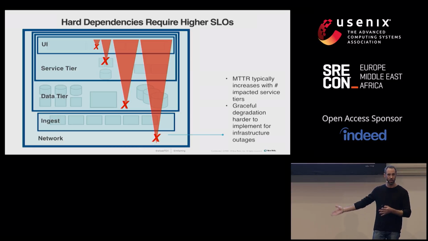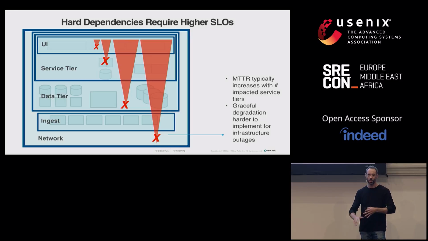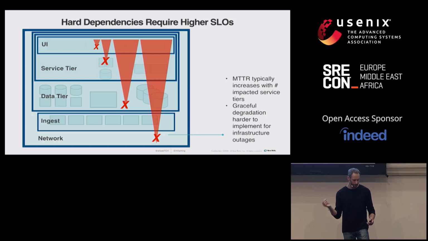If I have a region that goes down, or an AZ that goes down, unless I have done a lot of preparation, I am probably not going to be able to handle that in a graceful fashion, but I'm going to be hard down for my users. So investing in those higher SLOs and that greater reliability in the infrastructure tier really is one of the best things I can do for the health of my platform overall.